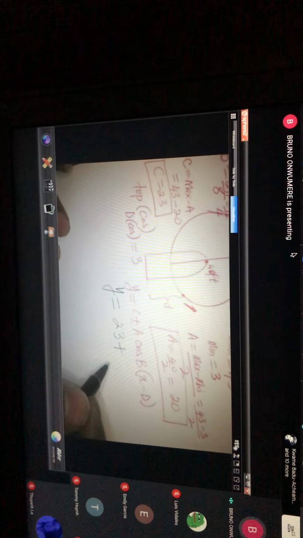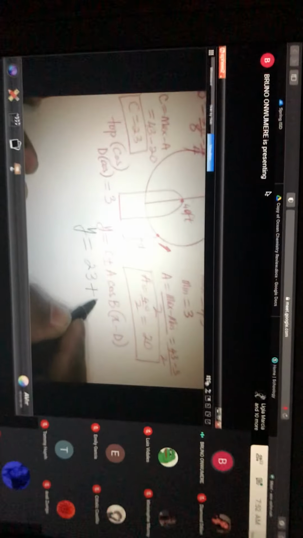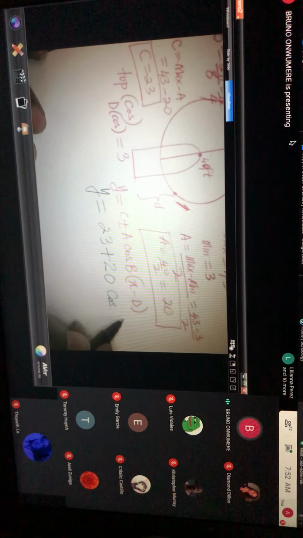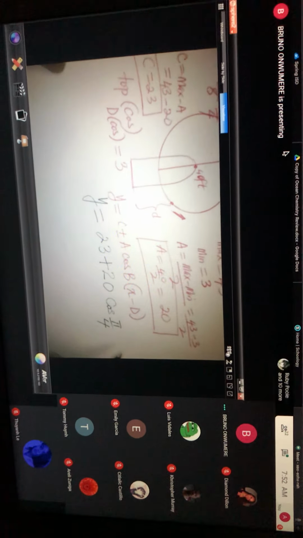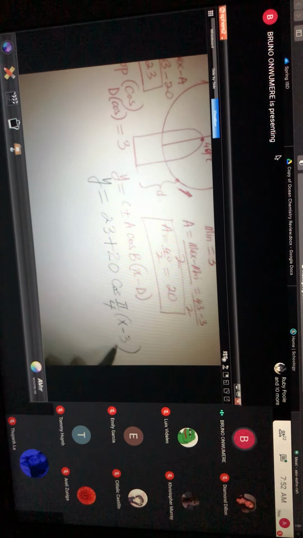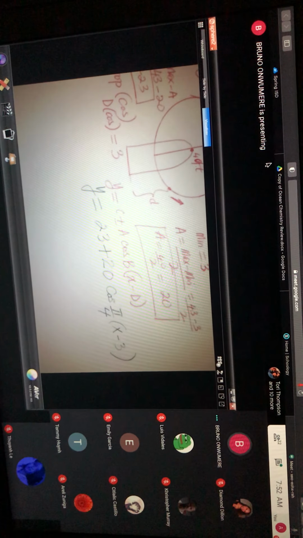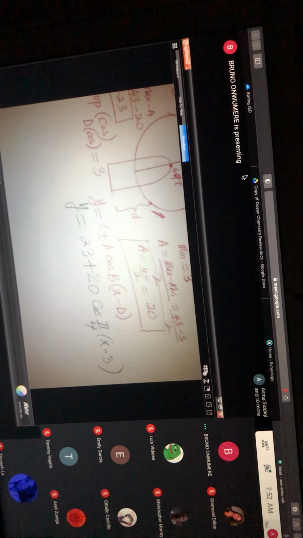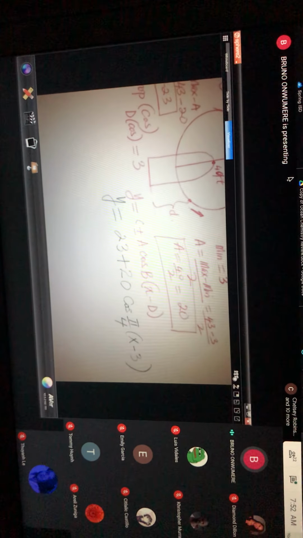Plus, starting from the top, plus A. A is 20. Cosine of pi over 4 parentheses x minus 3. Finish. This is my equation right there. I wrote this equation from the information I gathered.